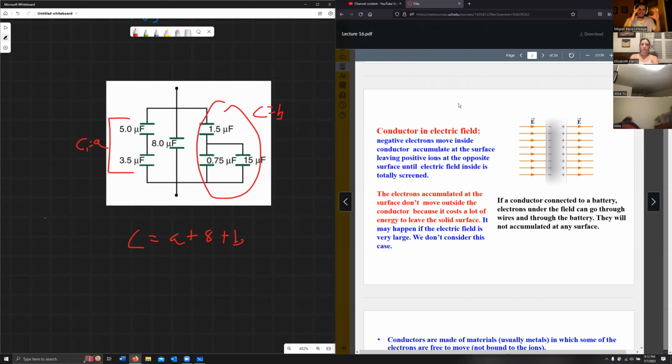The negative particles, if it's in a cavity inside of the conductor, accumulate around that inner surface while the positive particles accumulate along the outside. If a conductor is connected to a battery, electrons under the field can go through the wires and through the battery. They will not accumulate at any surface.